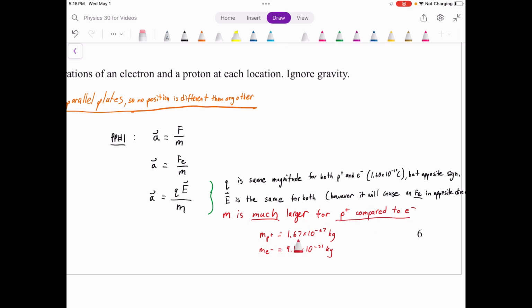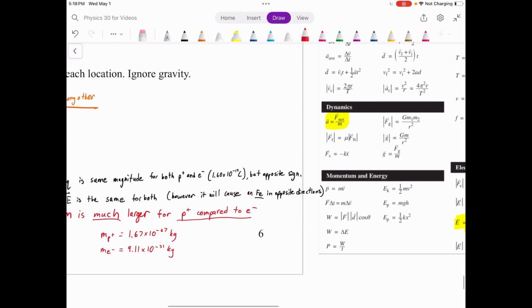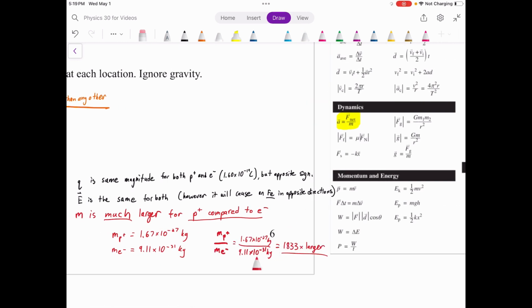Just from the back of your formula sheet, the mass of a proton, 1.67 times 10 to the negative 27 kilograms. Mass of an electron, 9.11 times 10 to the negative 31 kilograms. This is much smaller number, just to compare them, right? By dividing to see how many times bigger, about 1,800, like I said, times larger proton compared to electron in terms of mass.